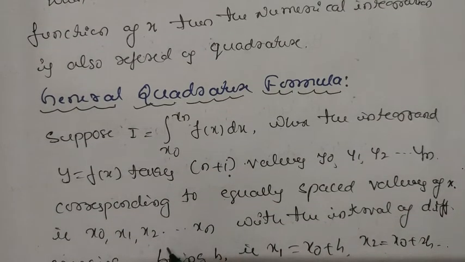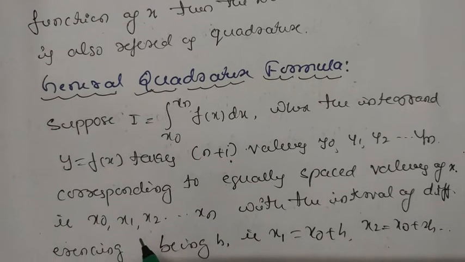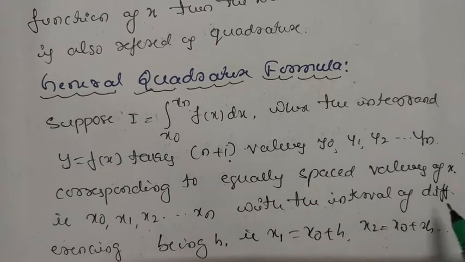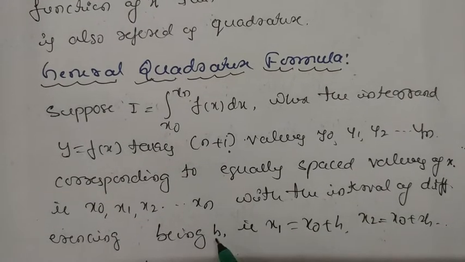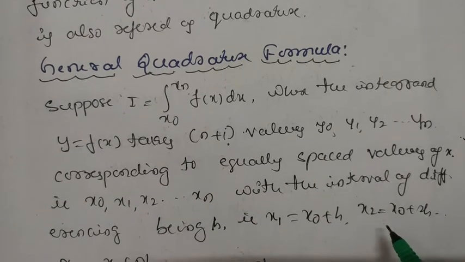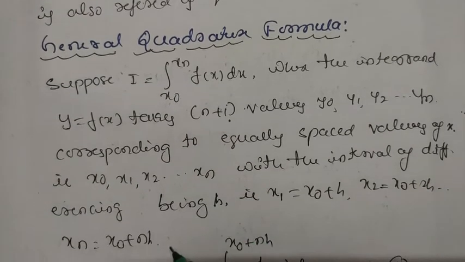That is x0, x1, etc. up to xn, which are equally spaced, with interval of differencing being h. That is, x1 equals x0 plus h, x2 equals x0 plus 2h, etc. up to xn equals x0 plus nh.